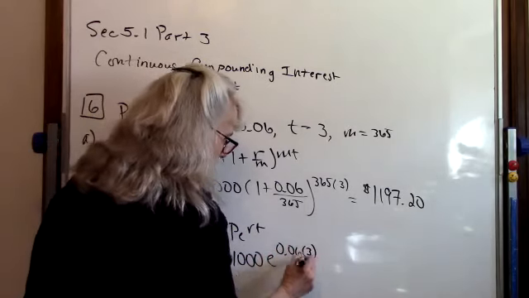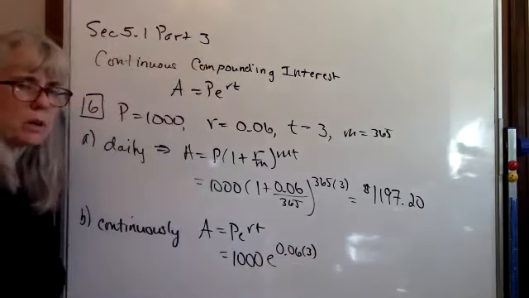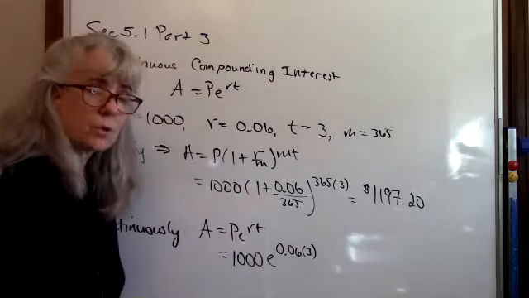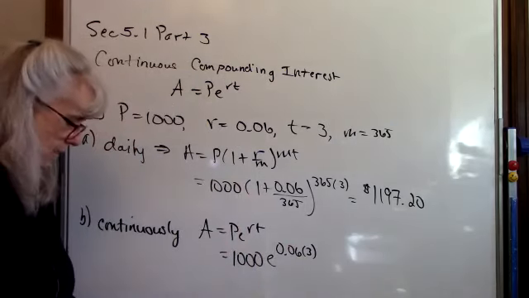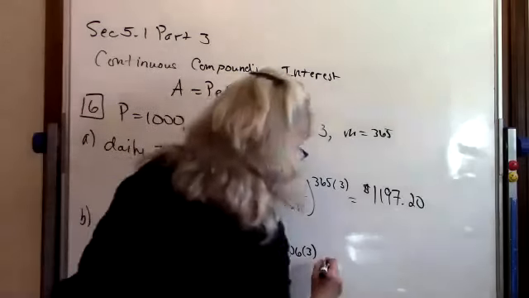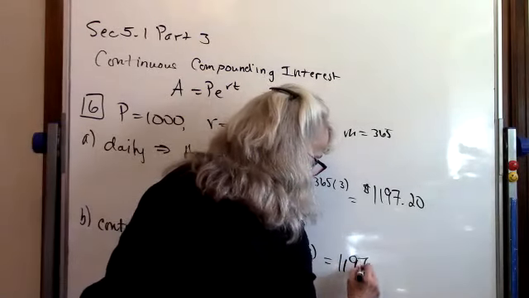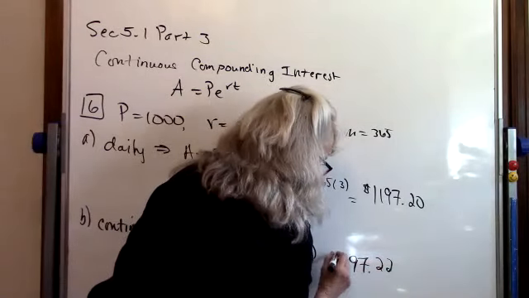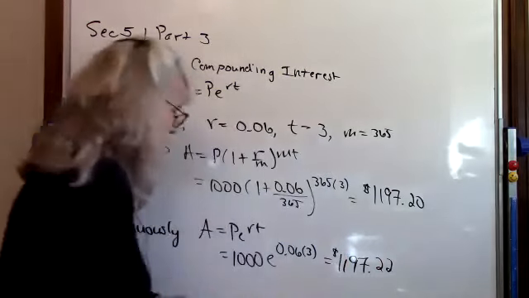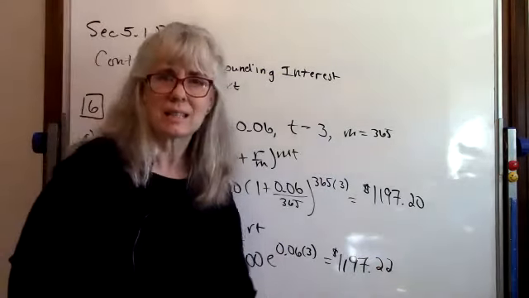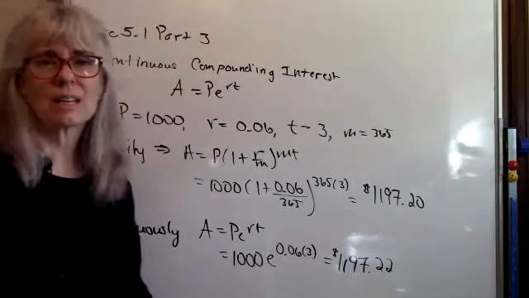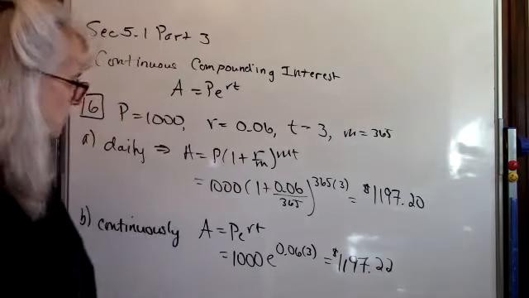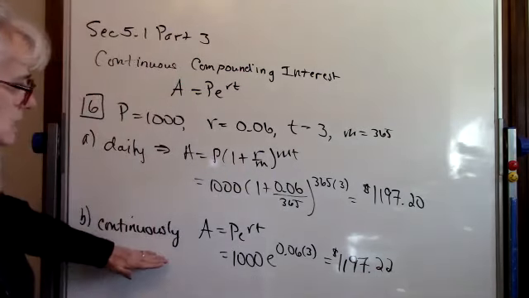The time is 3, but notice there's no m, no conversion period. The e is taking care of the conversion period for us. So if you run that into your calculator, you're going to see that you get $1,197.22. So by doing it continuously, we've gained 2 cents. Not a lot, but we only invested $1,000 for 3 years. But that's the difference between daily and continuously.